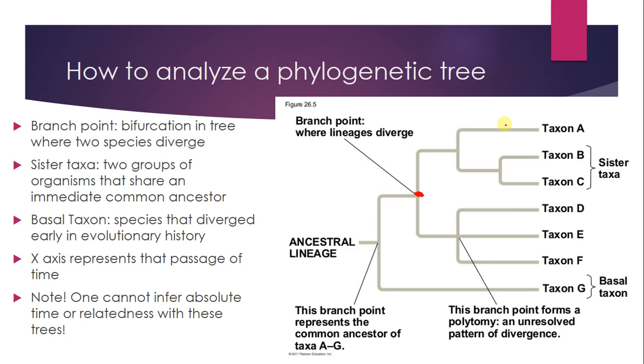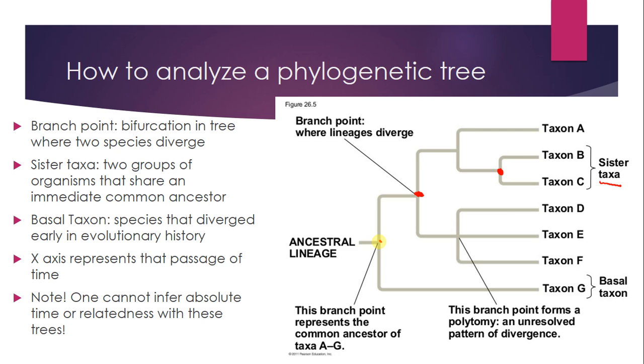Next, there's sister taxa. So two sister taxa in a phylogenetic tree are just two taxa that are right next to each other that share an immediate or very recent common ancestor, like B and C. A and G would not be sister taxa. They share a common ancestor way back here.